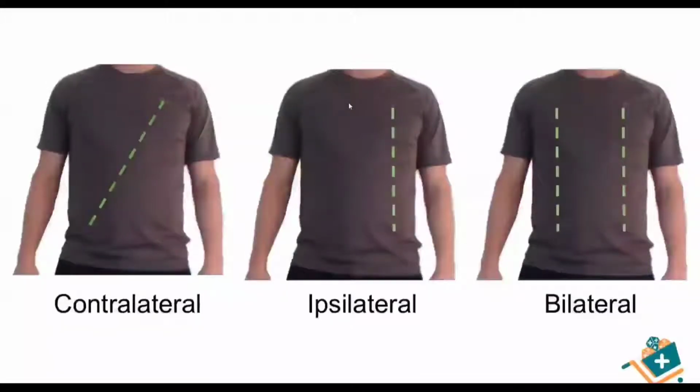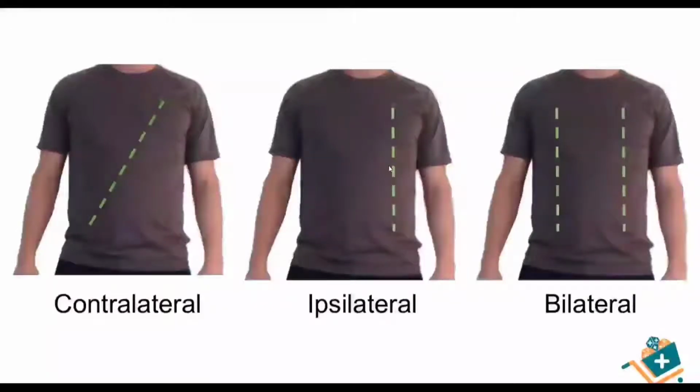Ipsilateral means on the same side of the body, and contralateral means the opposite side. When two structures are opposite to one another, that is contralateral. Contralateral is not always diagonally opposite; it's not necessary. When two structures are in opposite relation to each other, we call that contralateral, and when they're on the same side of the body, that is called ipsilateral.